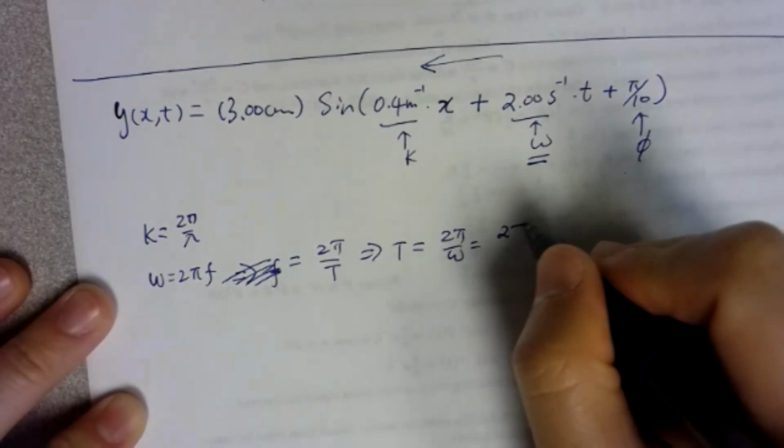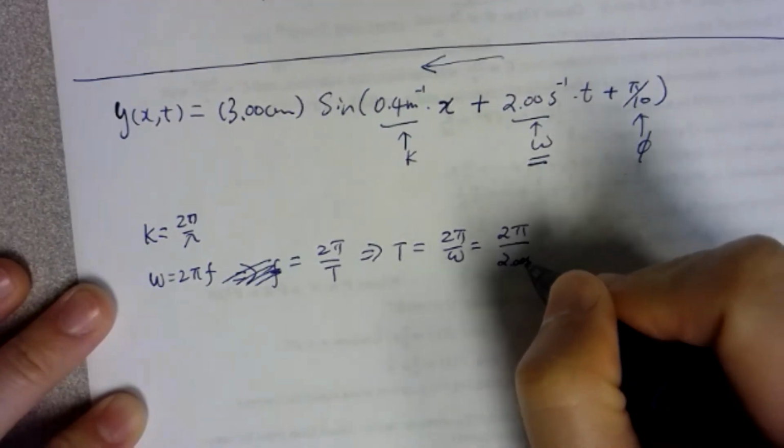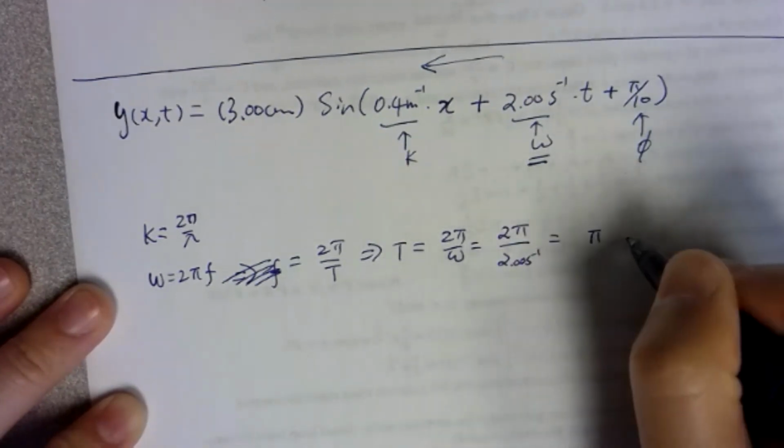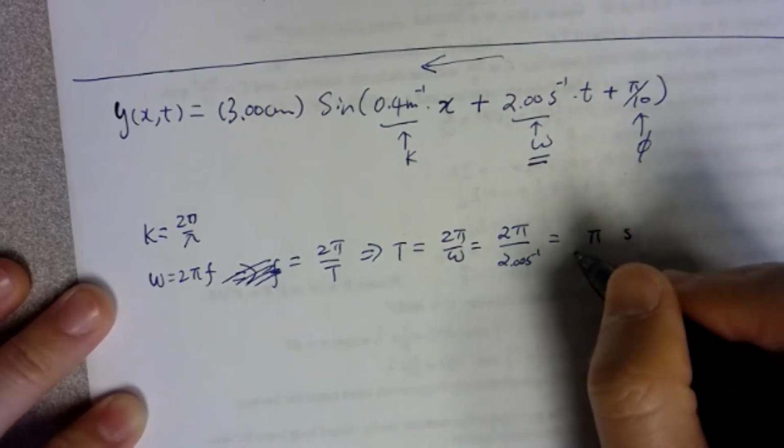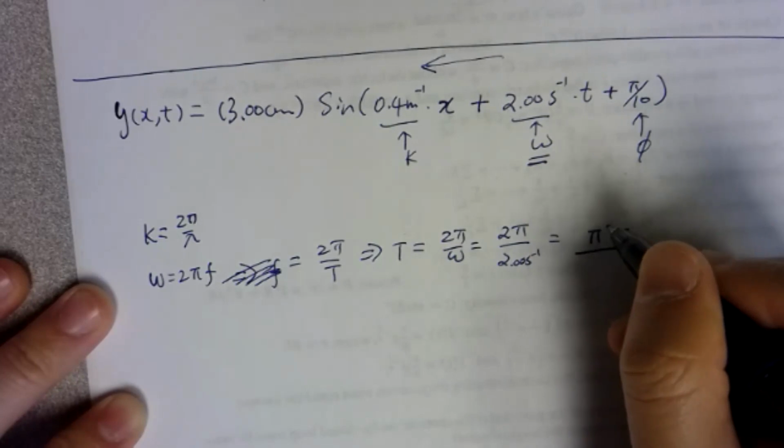So 2 pi over 2.00 second inverse will be pi seconds, or 3.14 seconds, if you want to call it that way.